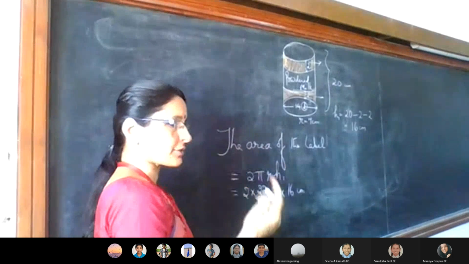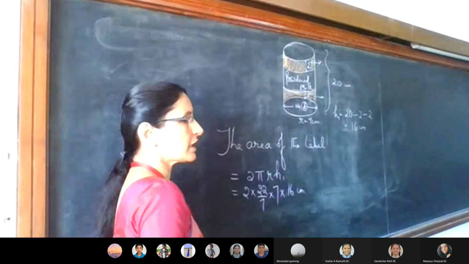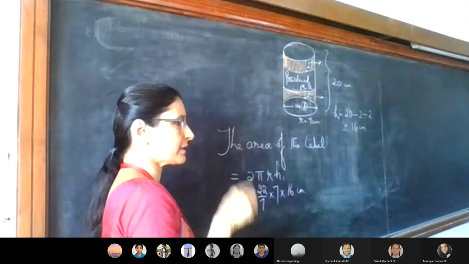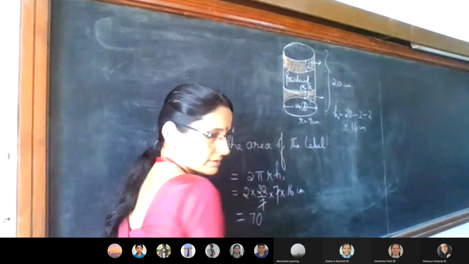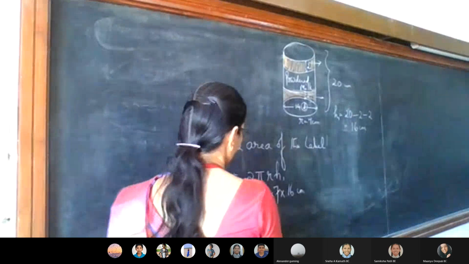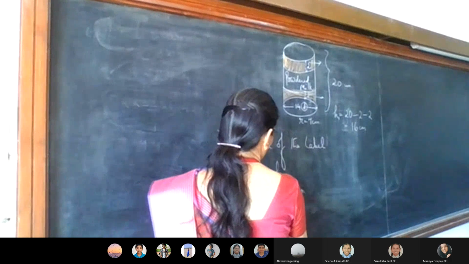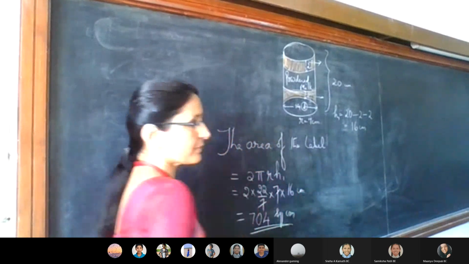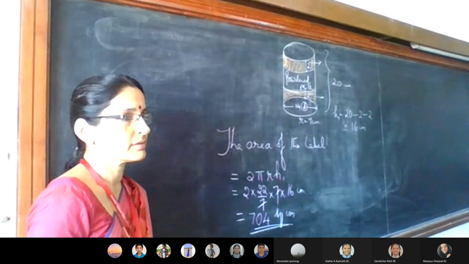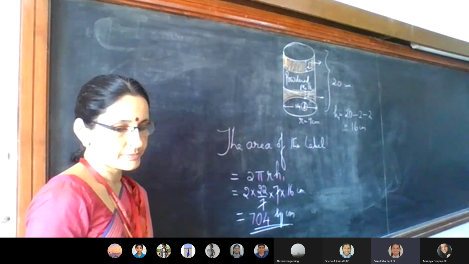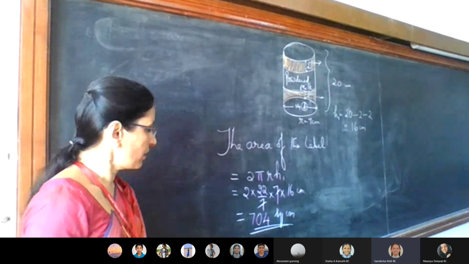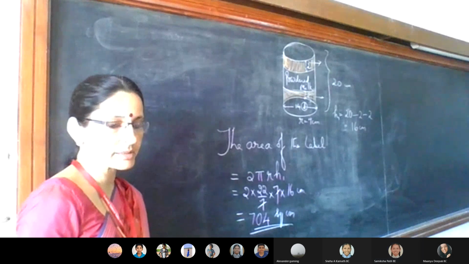It is the height of the label actually, not the height of the container. The label's height. So this cancels, 704 square centimeter. Is it clear? Clear? Yes, ma'am. We can also write centimeter square, no, ma'am? Yeah, anything is okay.